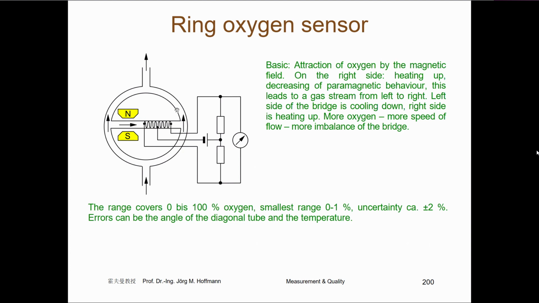Because if it were going up, you would increase the stream and measure a too high content of oxygen, and if it were going down, you would measure a too low content of oxygen. It must be absolutely in a horizontal position.